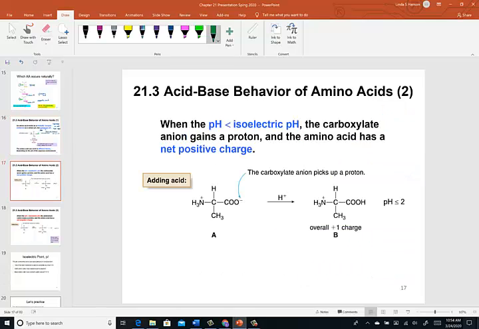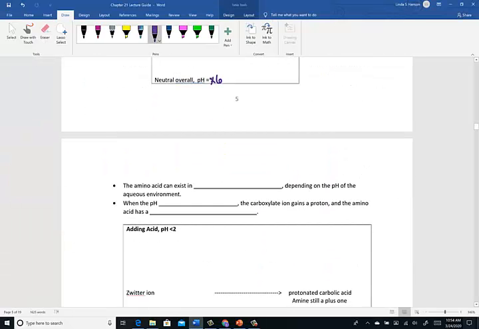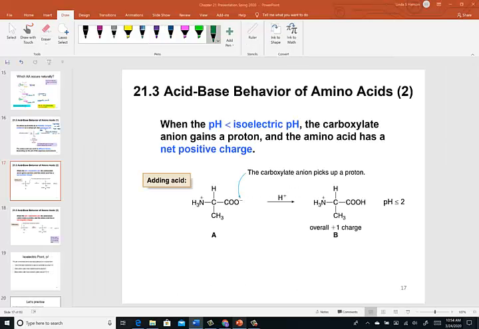But what if we're in an acidic range? The acidic range gives us a lower pH. And so where I'm looking now, if the pH here is about 2, you keep adding acid until the pH lowers. So no longer at about 6, we've added acid to lower the pH.